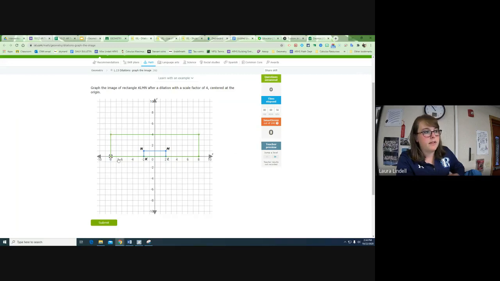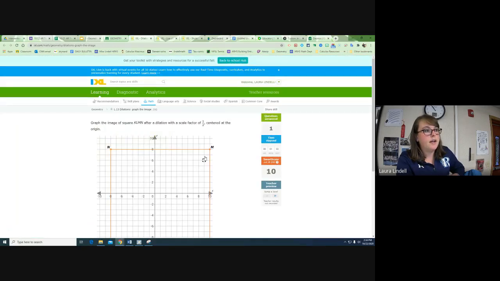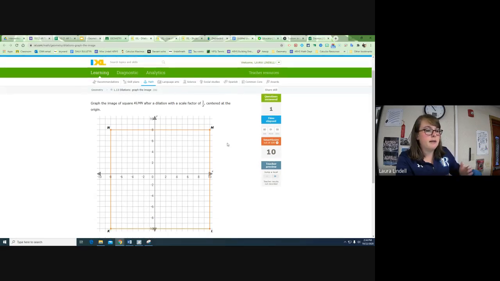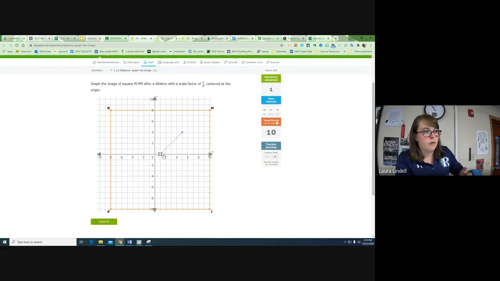Okay, so that's the basics of the kind of homework problems we're going to see in that particular IXL section. If you see something like this with a scale factor of 1/2, that just means you're cutting all of your coordinates in half. So instead of over 10 up 8, we go over 5 up 4. Instead of over 10 down 10, over 5 down 5.